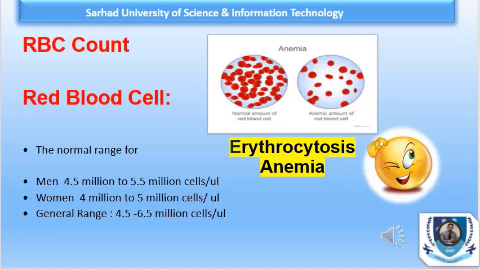Polycythemia is sometimes called erythrocytosis, but these terms are not synonyms, because polycythemia refers to an increase in red blood cells. So whenever the RBC count increases, it's called polycythemia or erythrocytosis, and whenever we see that the red blood cell count is decreased, then we think about anemia.